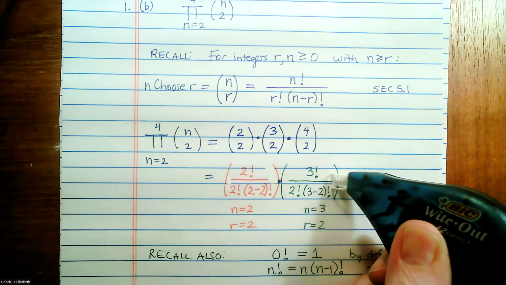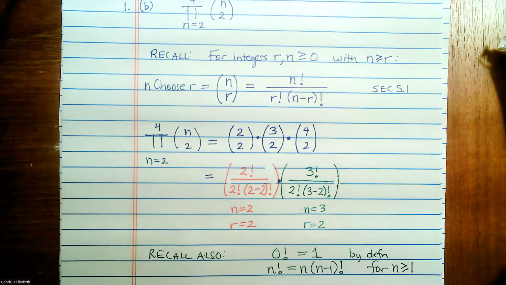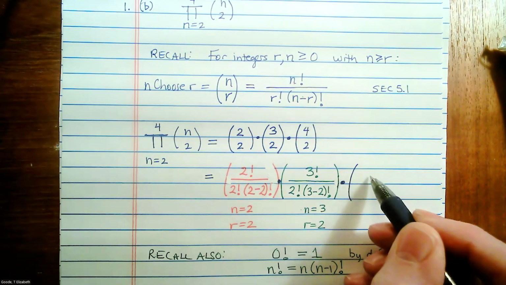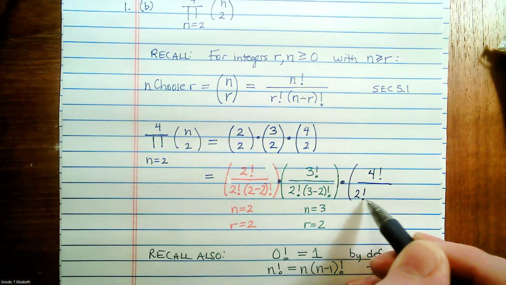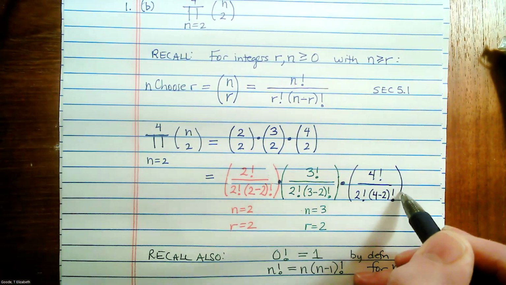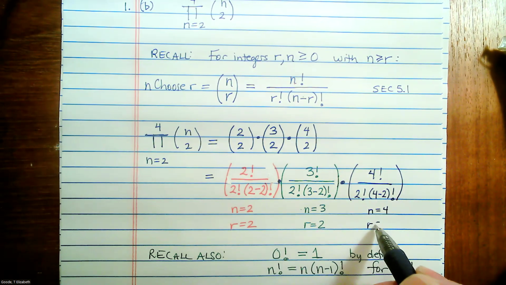And now finally, for the last factor in this product, 4 factorial over 2 factorial parentheses 4 minus 2 factorial. Yep, and that's when n is 4 and r is still 2.